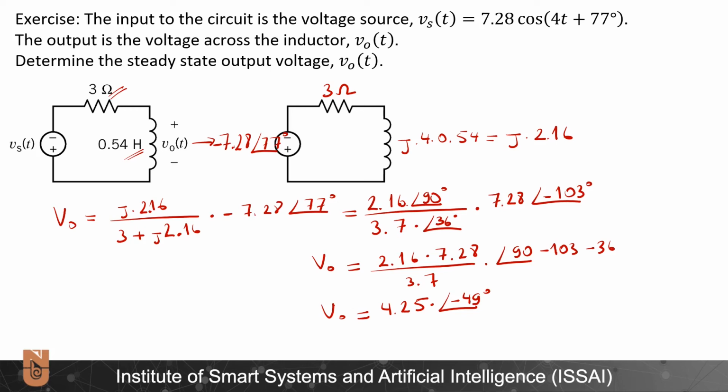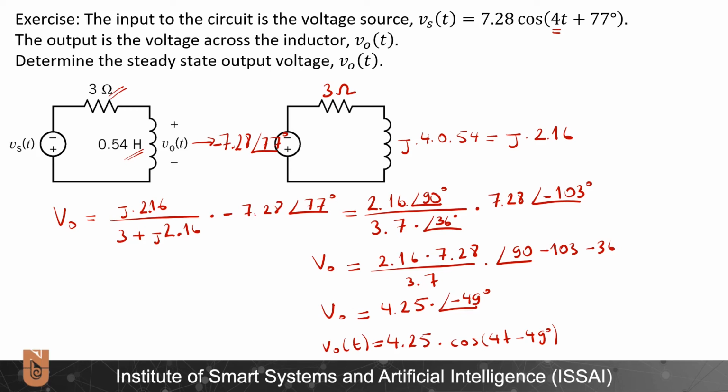And if I were to convert this to the time domain, since omega is equal to 4, 4.25 times cosine 4t minus 49 degrees.